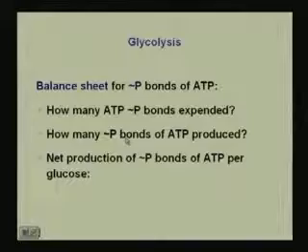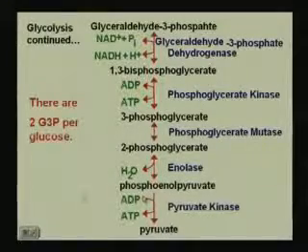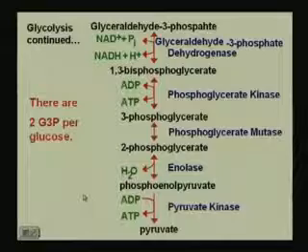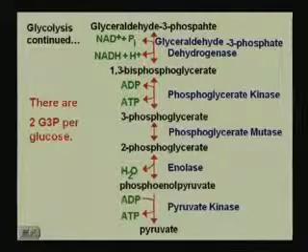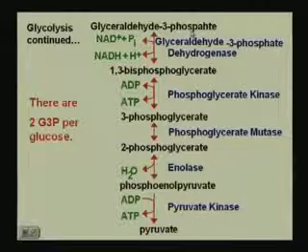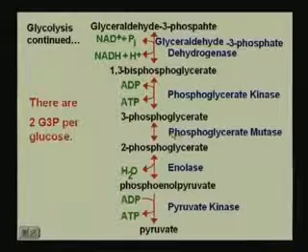How many phosphate bonds of ATP are produced? How many are produced? Is it 2 from every molecule of glucose? 4. Why? Because we have 2 of these. 1 glyceraldehyde-3-phosphate is going to create 2 ATPs, right?